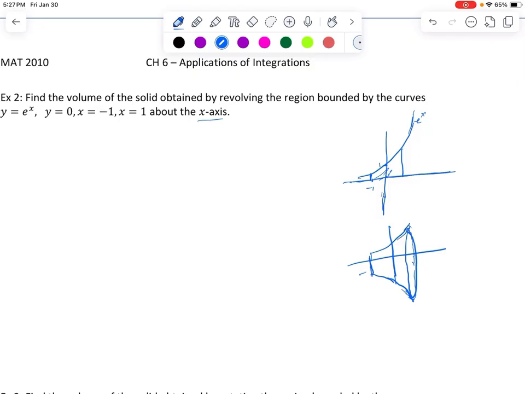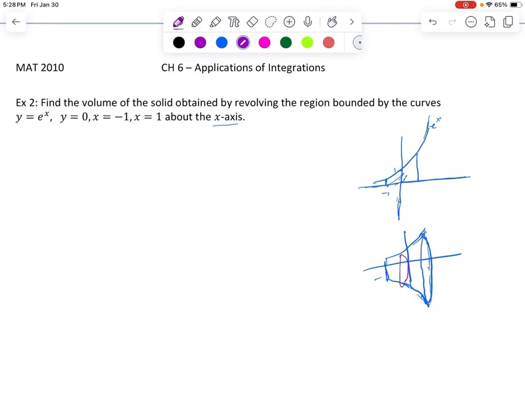Okay, so you can see a typical disc would be with radius. Okay, it's a little bit weird because this should have been the same. Okay, I'll redraw it.